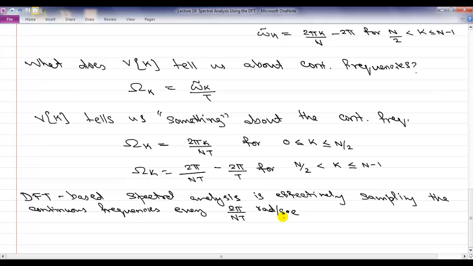So the gap between two samples is 2 pi over N in discrete frequencies. In continuous frequencies, that is 2 pi over N T radians per second, or 1 over N T hertz.